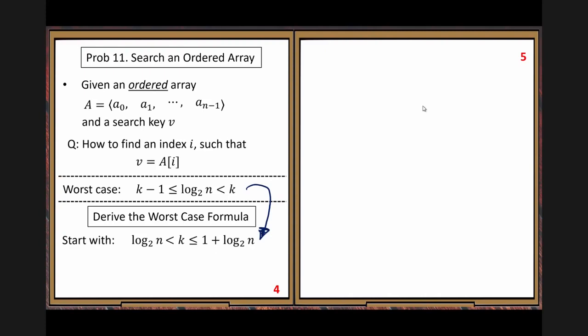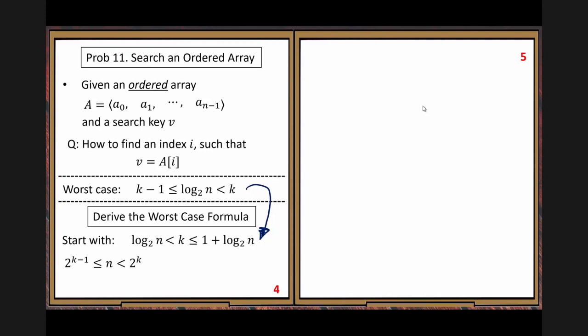Just by some simple algebra manipulation, you can see it's equivalent. So k strictly greater than log base 2 of n, but less than or equal to 1 plus log base 2 of n.